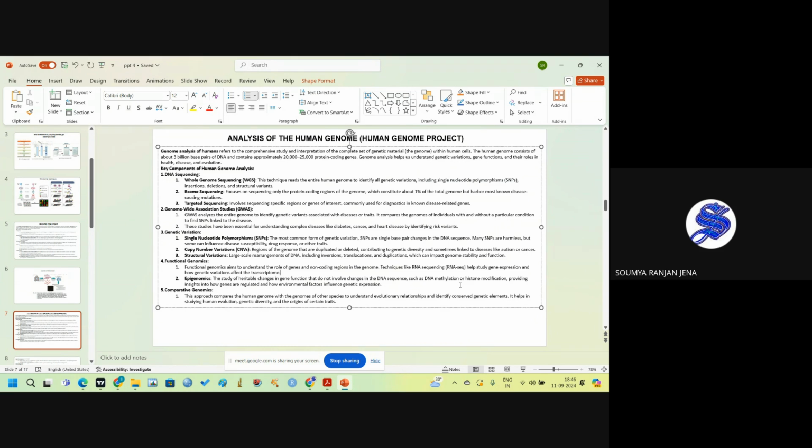This ubiquitination process degrades the proteins, so it will not give rise to any functional proteins. And the degradation of this functional protein, or not producing this functional protein, leads to different types of diseases. And this is how these genes are regulated and how environmental factors or our lifestyle factors influence gene expression.